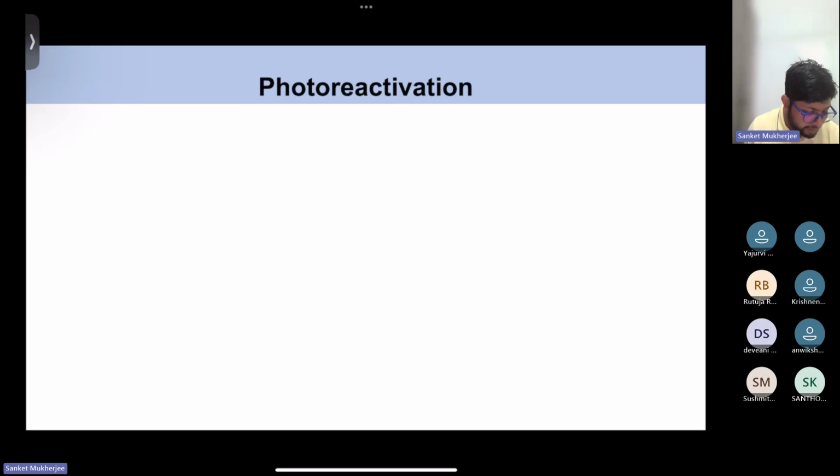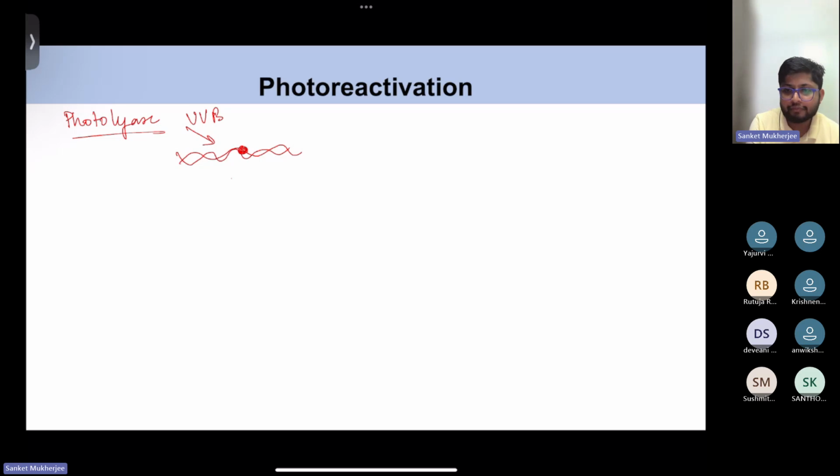In case of photoreactivation, the damage which usually happens due to UV rays can be corrected using an enzyme called photolyase. We'll talk about this enzyme very soon. Let's say due to UV, if a UV ray falls on a DNA, most commonly UVB, it could cause some damage in this part of the DNA.